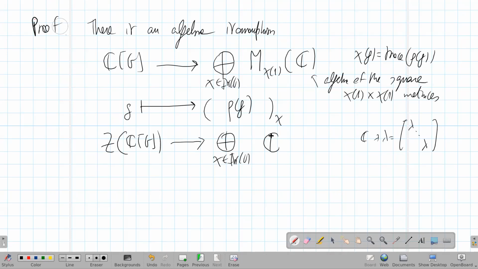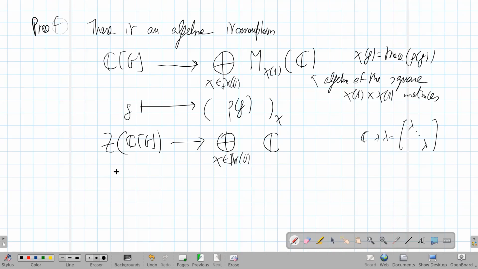And let's recall exactly where things go. So let's consider a class. As I've said several times, this center is a vector space which has as a basis the sums of the conjugacy classes, so the dimension of this is the number of conjugacy classes. And what happens to the sum of a conjugacy class?